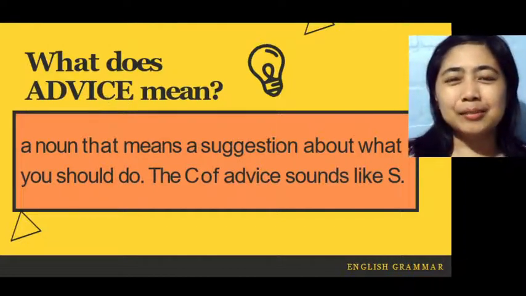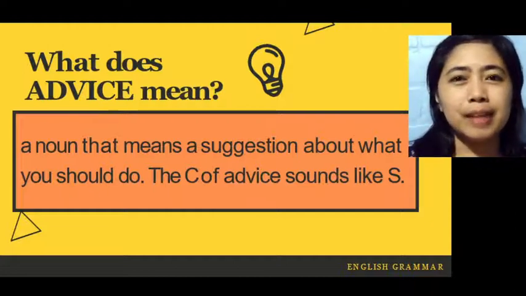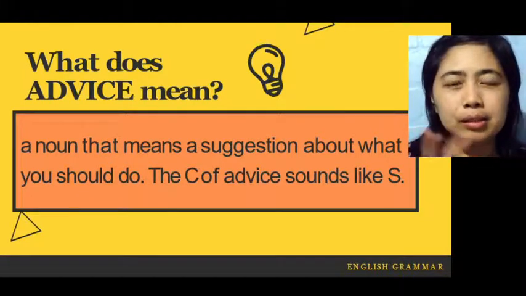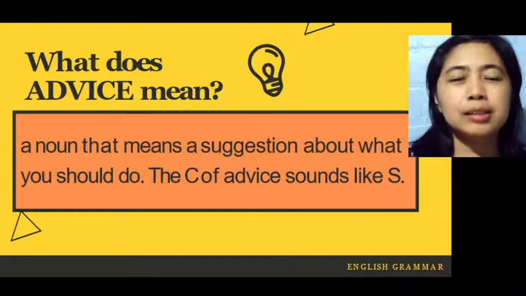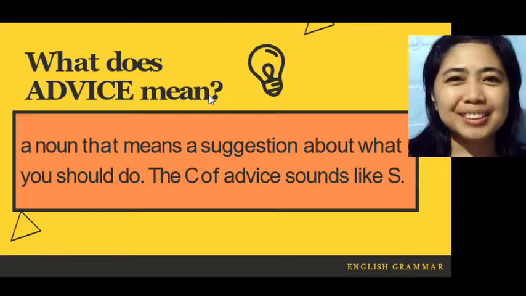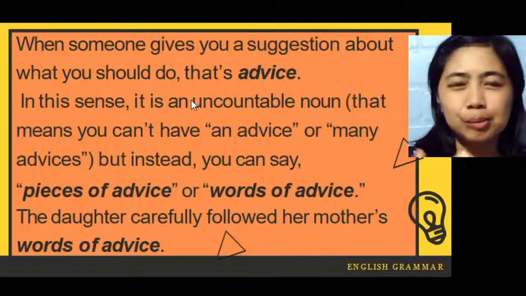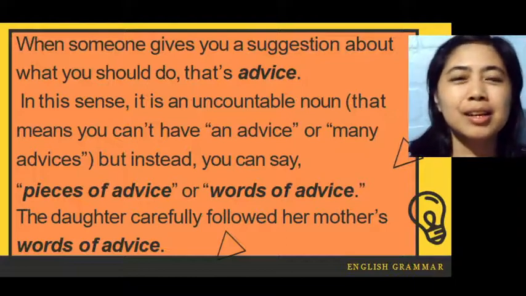The verb has the pronunciation of the letter Z: advise. Normally for other words as well, if the letter S is in between two vowels, then you have the sound of the letter Z. That's the rule.